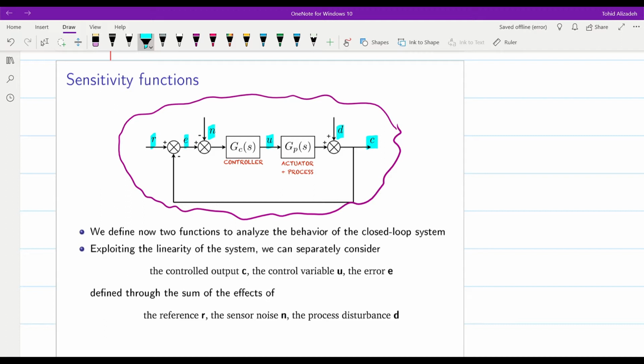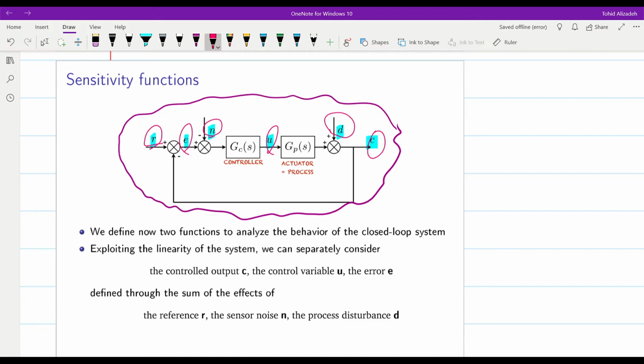We can consider R, N, and D as the inputs to the system, and E, U, and C as the outputs that we could get from the same system.